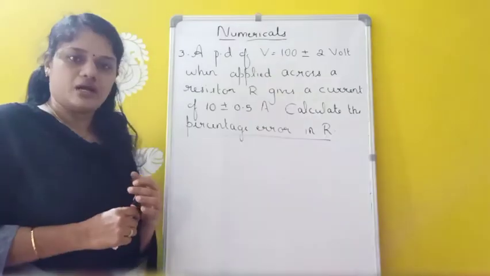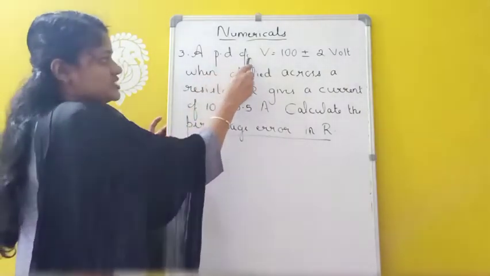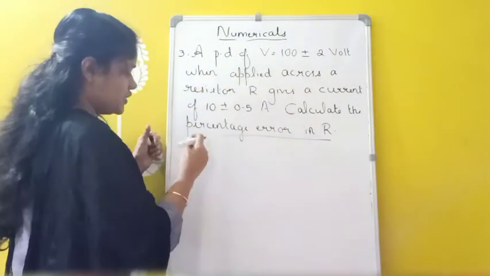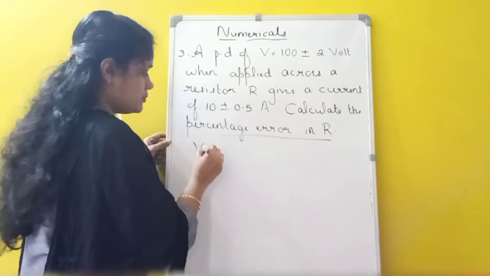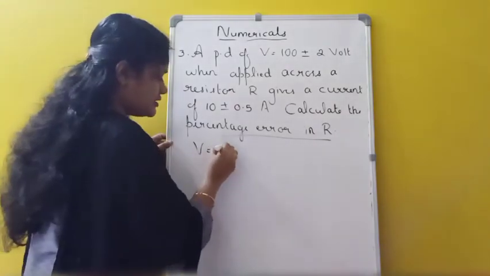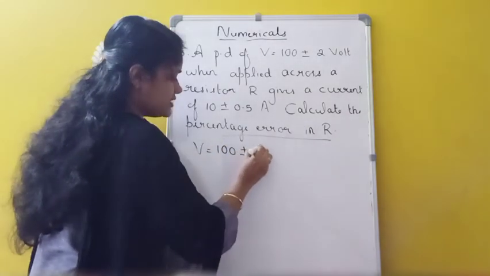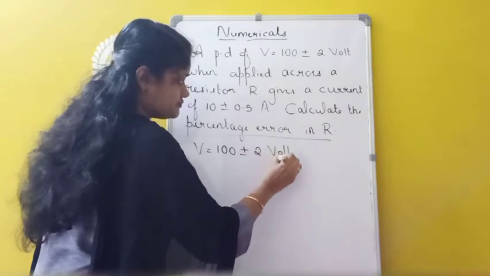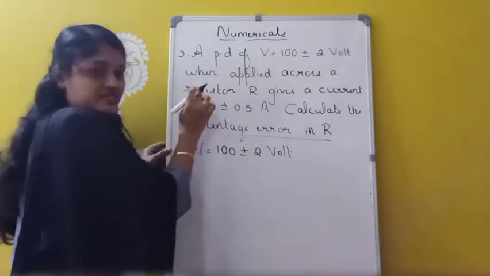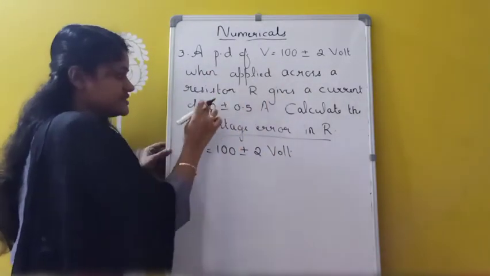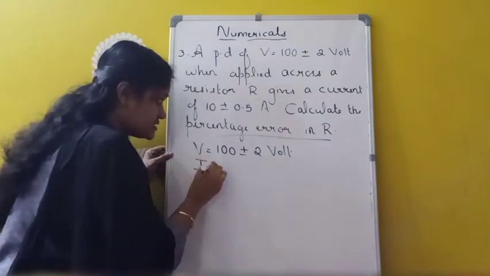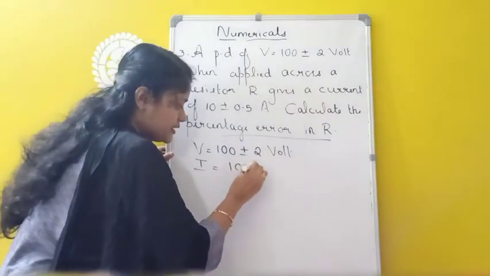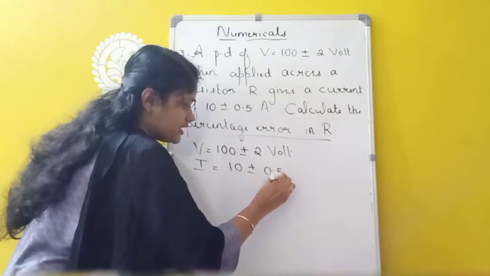Okay. Now the third problem: a potential difference V equals 100 plus or minus 2 volt, when applied across a resistor R, gives a current of 10 plus or minus 0.5 ampere.